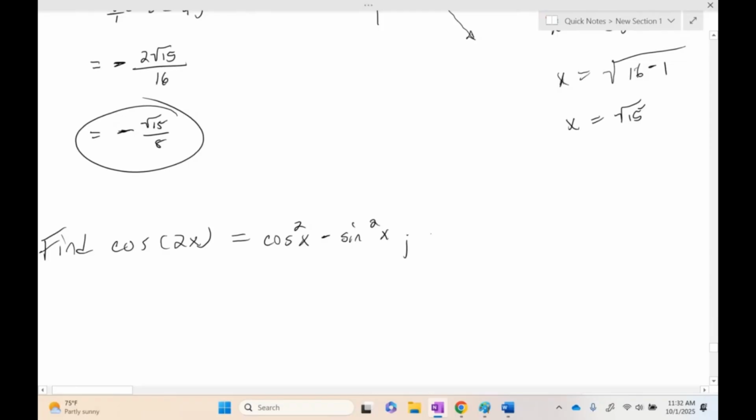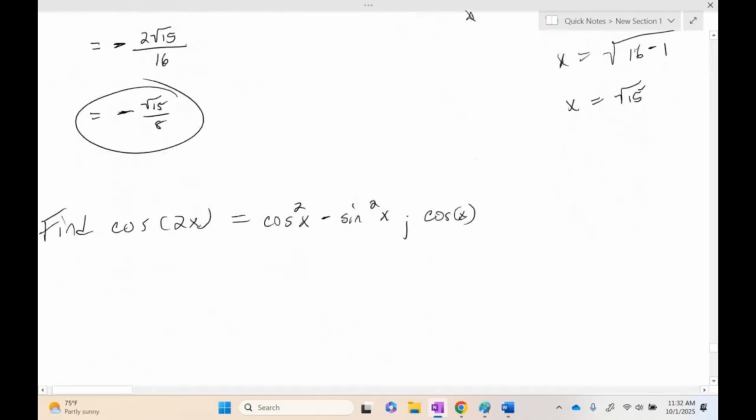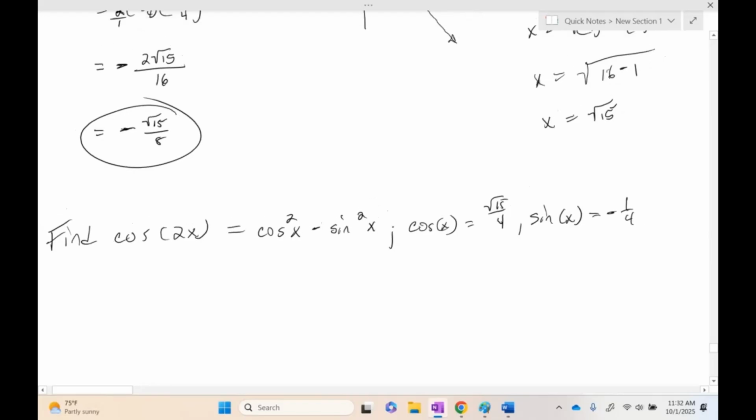So in this formula, we're going to substitute cosine x for square root of 15 over 4. We're going to substitute the sine of x in as negative 1/4. So I'm still using those same values from our triangle sketch.